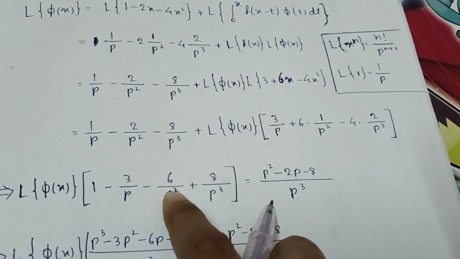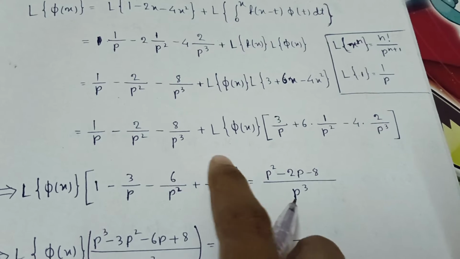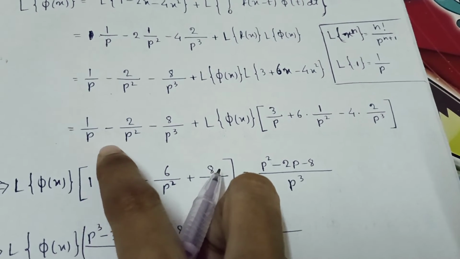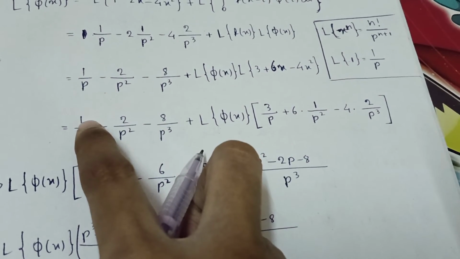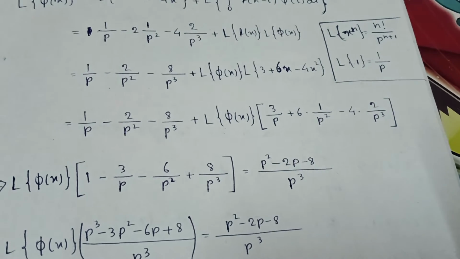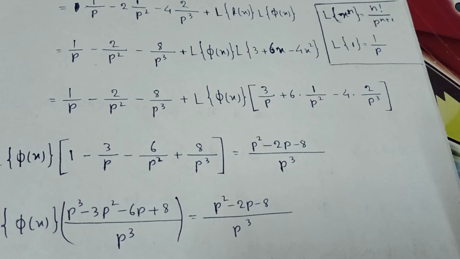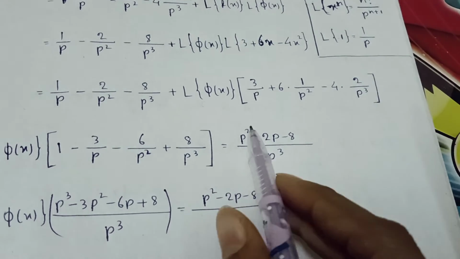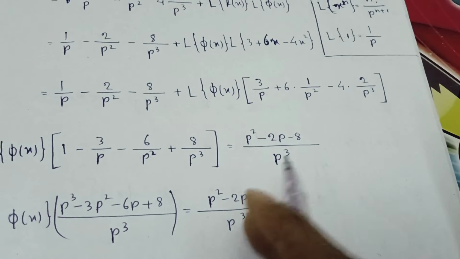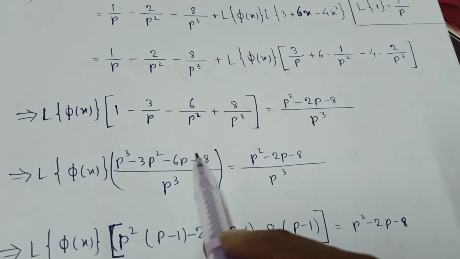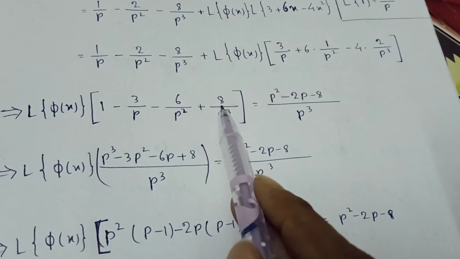What remains on the right side is this, where I have added these terms. In the next line, add these four terms.